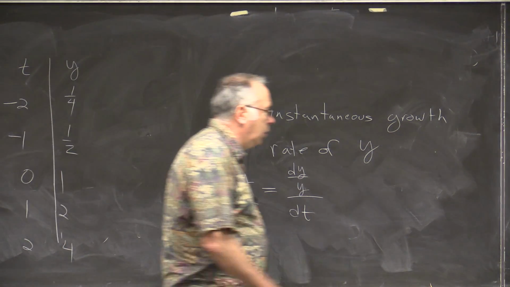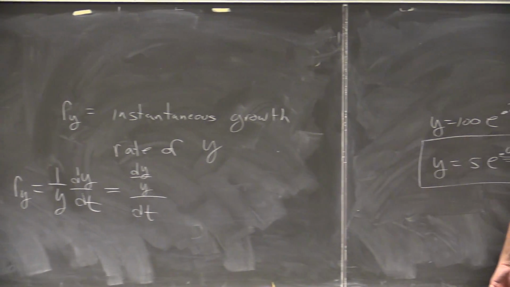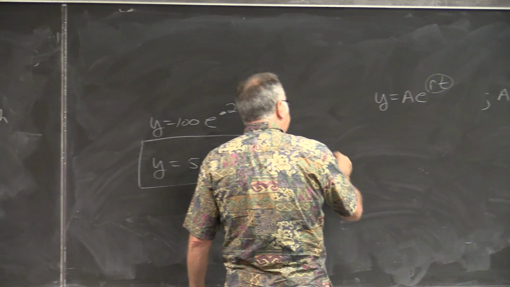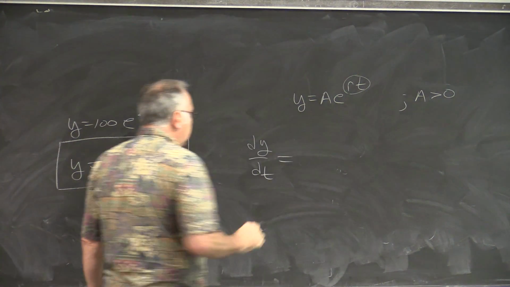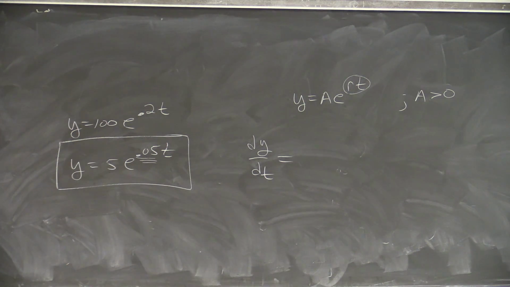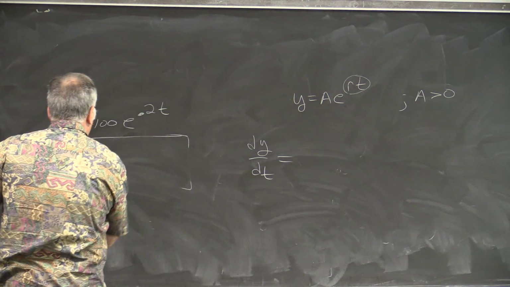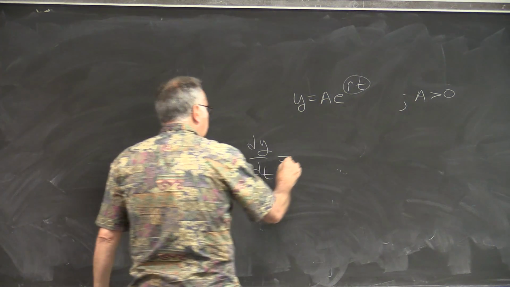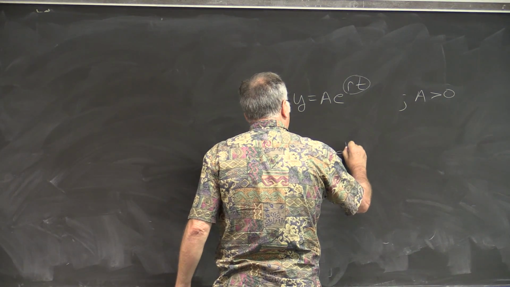Now, we know from our basic rules of differentiation, for this equation here, what is dy dt again? I think you were kind enough to give me the answer before. For the general one, yes. It's A times r times e to the rt.